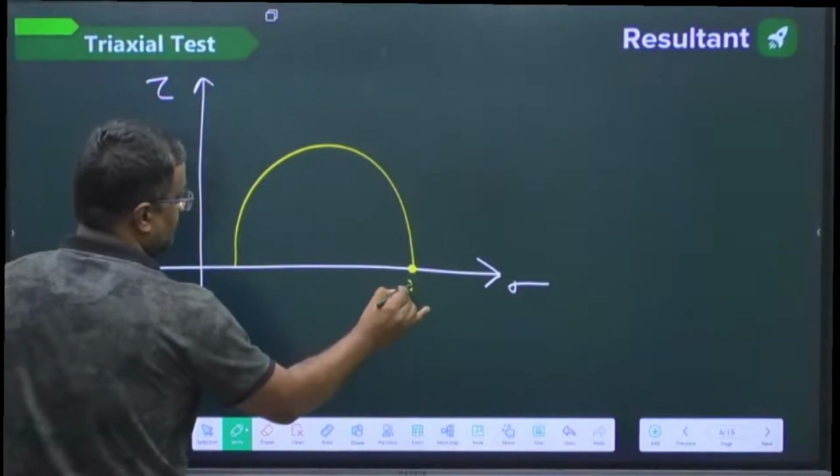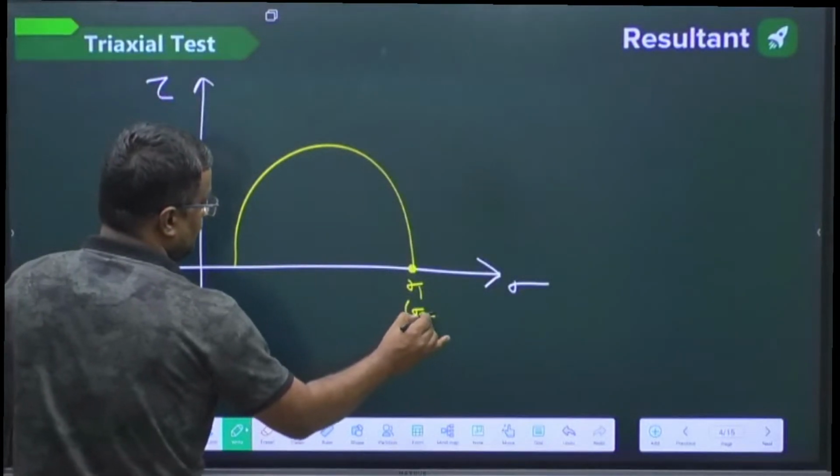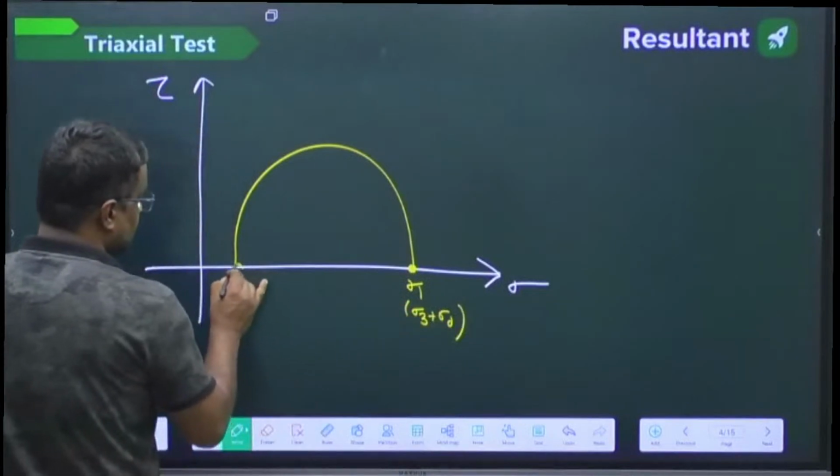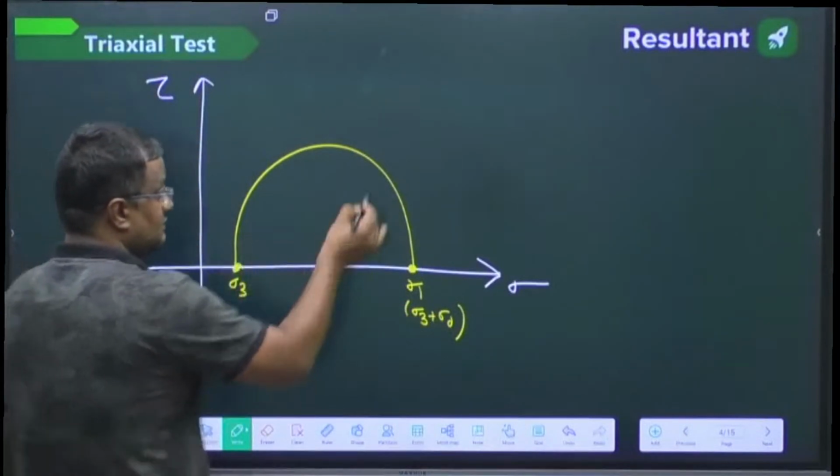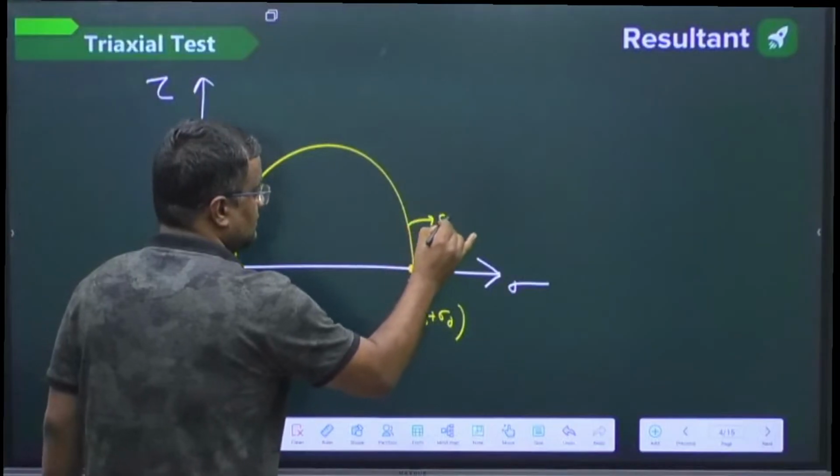This is sigma 1, which is sigma 3 plus sigma d, and this is sigma 3.